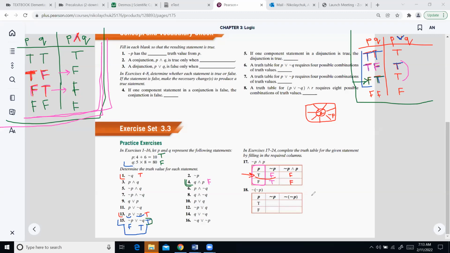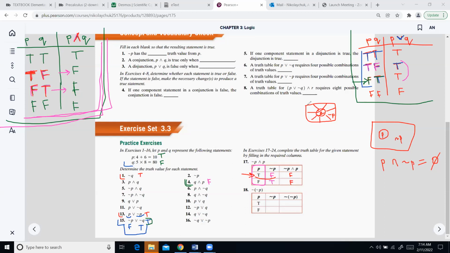What does this mean? Well, if you are trying to find the intersection of P and not P, when you look at the sets, the intersection of them is going to be empty, nothing in it. So false means there is no result or empty set.